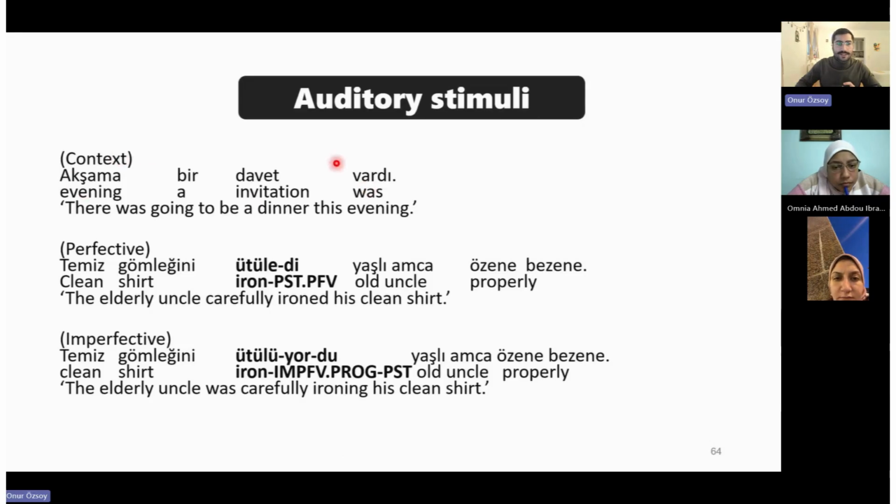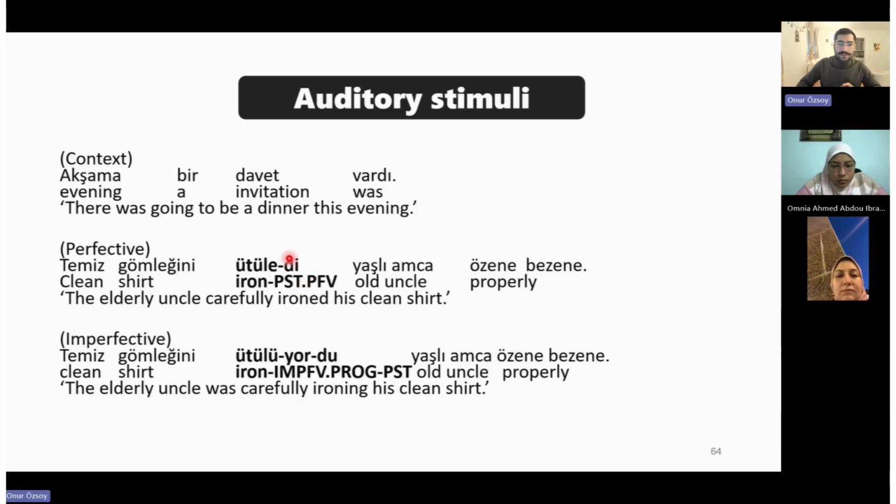So we have a context sentence that people hear. There was going to be a dinner party this evening, right? This is the context. And then they hear either the perfective or the imperfective sentence. So grandpa, or actually we said the elderly uncle. And we flipped the word order a bit, but basically in the perfective sentence, we have the clean shirt.